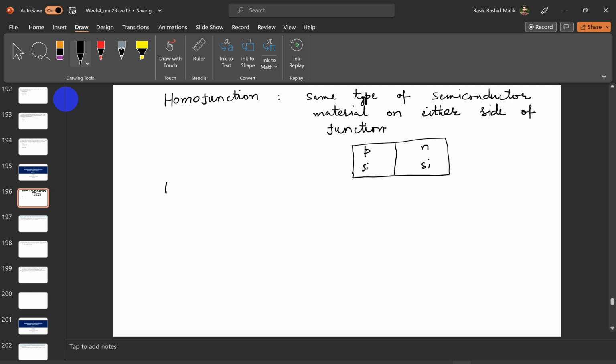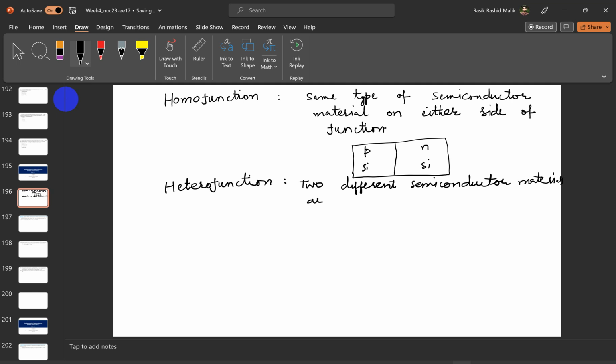But what about the heterojunction? In a heterojunction, two different semiconductor materials are used to form a junction.